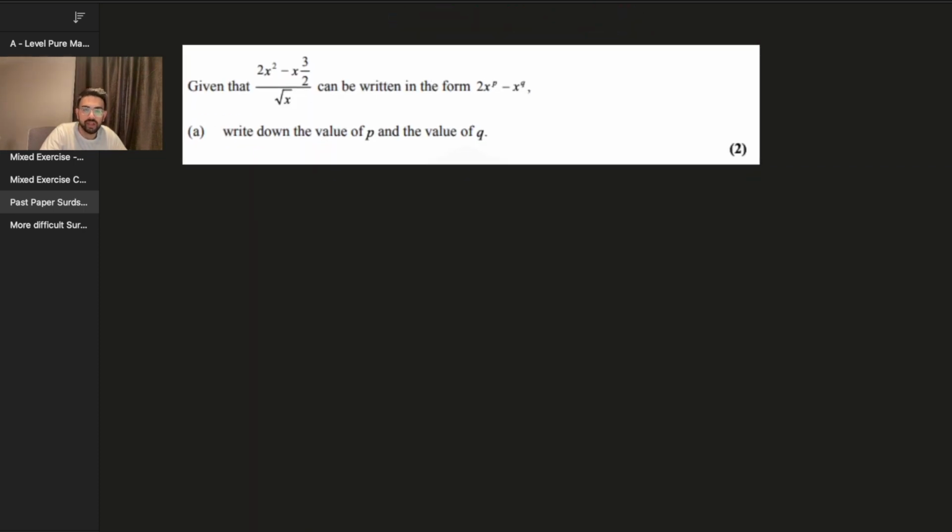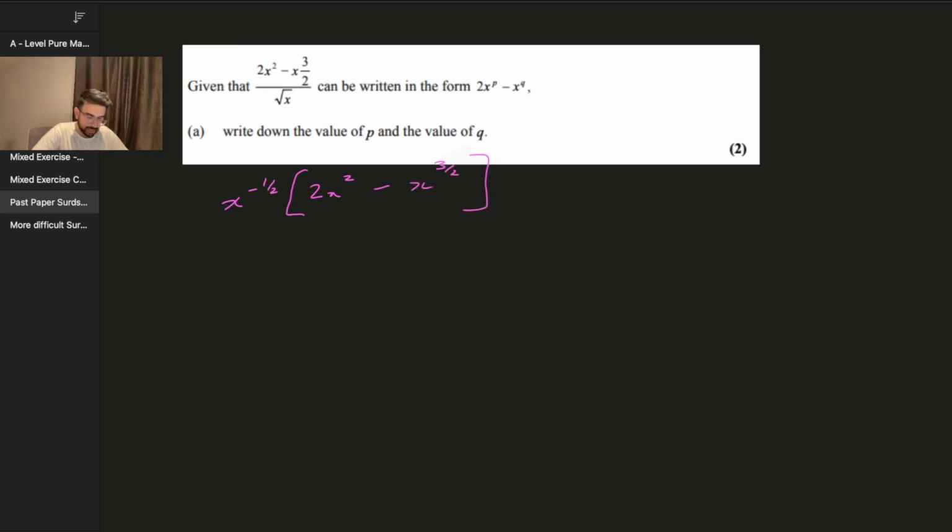Okay, so we've got a little bit of a strange looking one over here. So we've got 2x squared. Now let's try our best to solve this question. So to start off with, what I'm going to do is simply write out the x to the minus a half, just as we've been taught, 2x squared minus x to the 3 over 2.